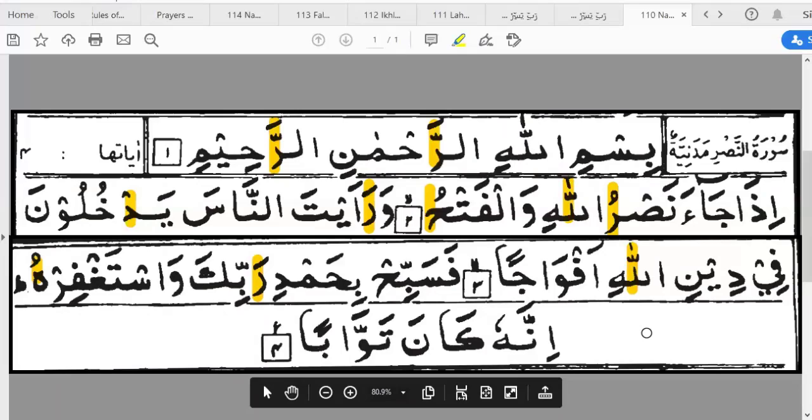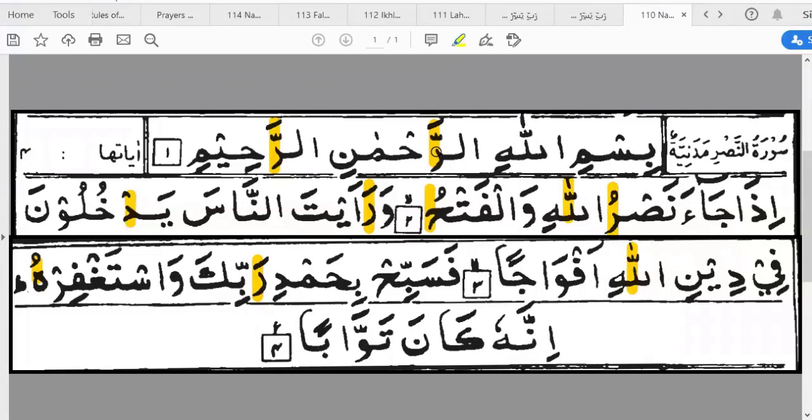Well done. Really nice recitation. Just to point out a few things, remember letter Ra is a thick and heavy letter. So whenever we have a fatha or a dhamma stroke on top of Ra or before it, we keep the sound thick and heavy. So Nasrullahi, and over here we're going to join the two letters because there is lam mushaddad present.